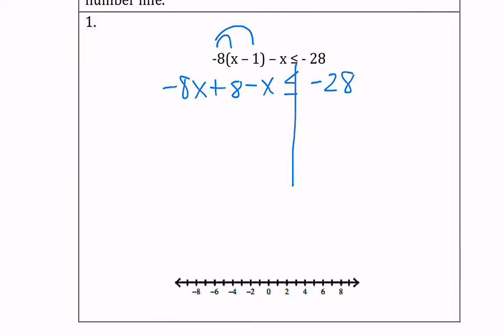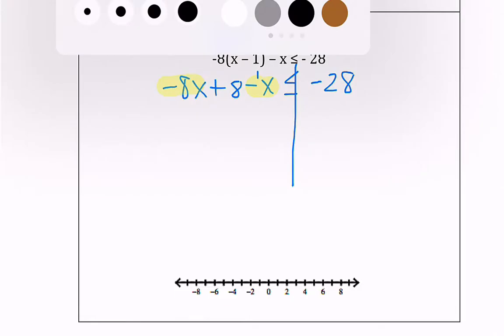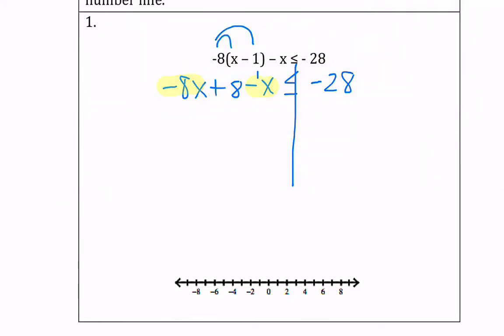Okay, then we need to look for like terms, see if we can combine any. So I see x is here and here. So let's go ahead and add those together. That's a -8 and that is a -1. So if you want to put your 1 there, do so. Combine means to add. So -8 plus -1 is -9. So I have -9x.